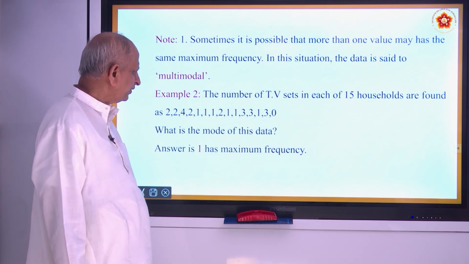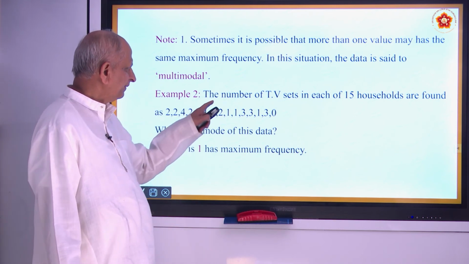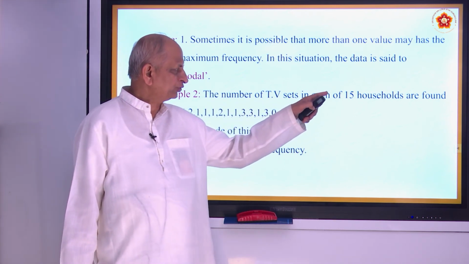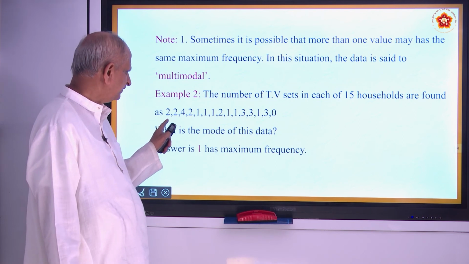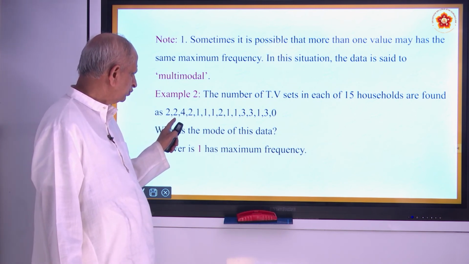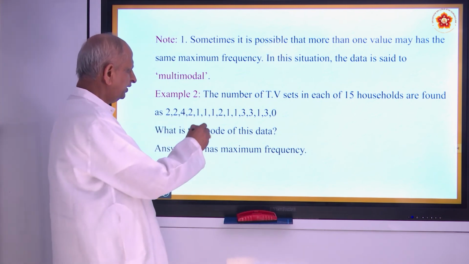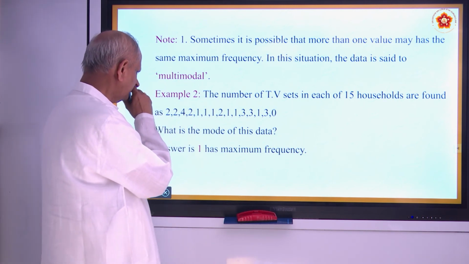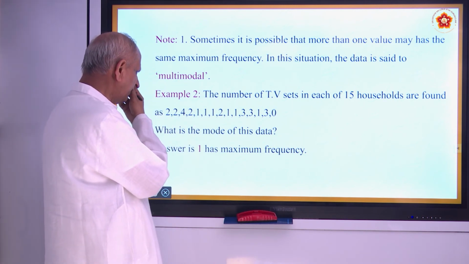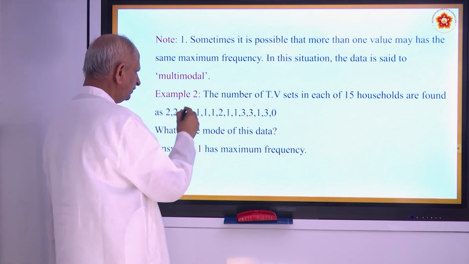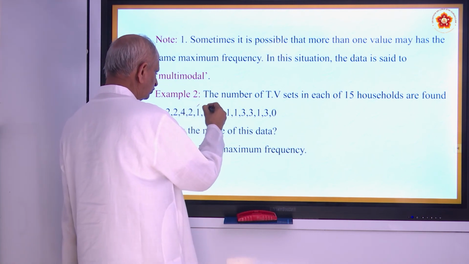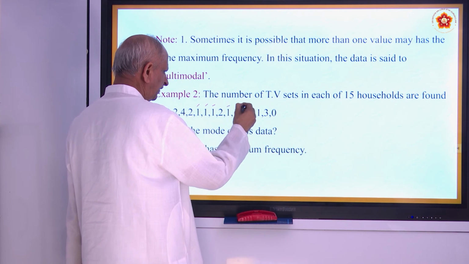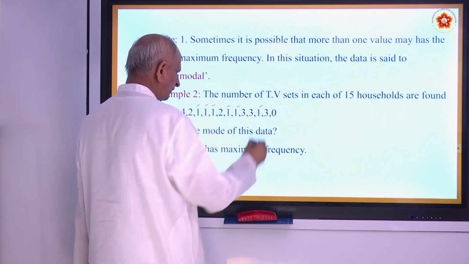And one more example. The number of TV sets in each of the 15 households are found as given. So here which number is repeated more times? What is the mode of this data? See, 1, 2, 3, 4, 5 times. 6 times there is 1.